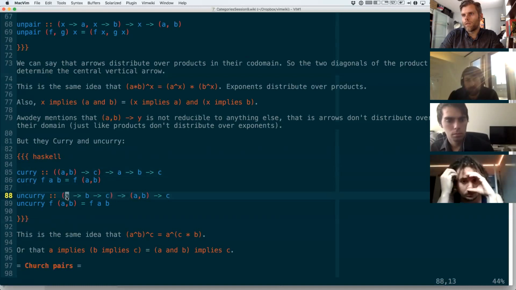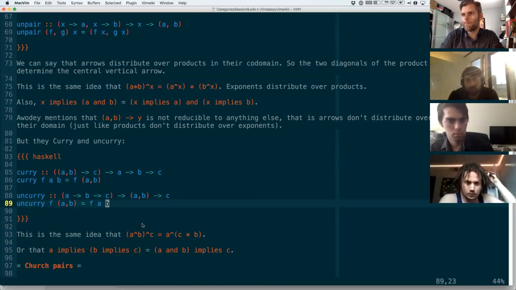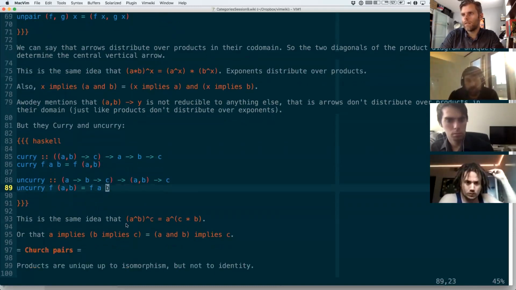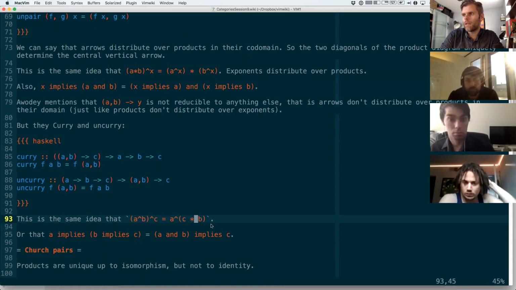If we have a function that takes one argument and returns a function that takes the second argument and returns a C, that's the same as having a single function that takes a pair, and that's uncurry. And that's the same idea, again, that (a to the power of b) to the power of c is a to the power of (c times b). So that's just looking at the same fact in a different category.